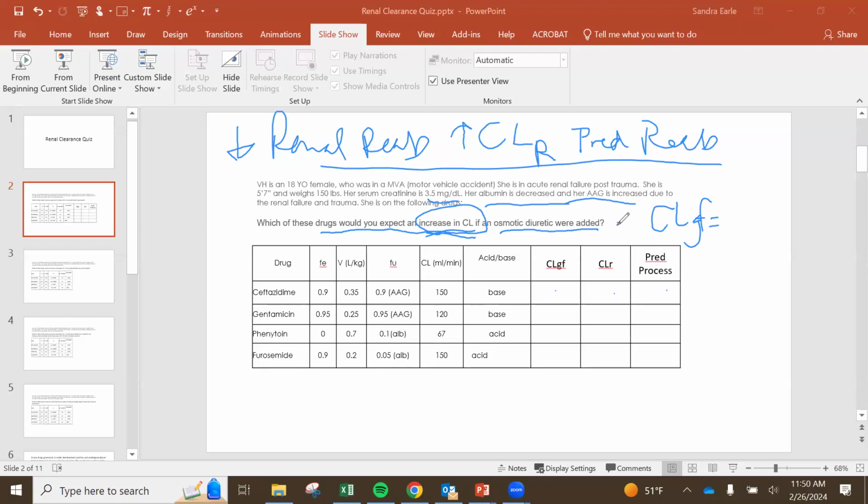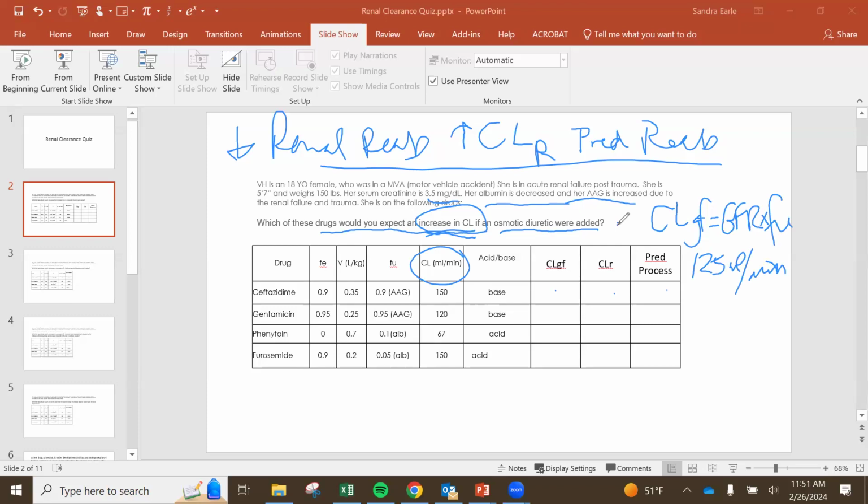So to determine the glomerular filtration clearance, we are going to figure out what the GFR, which normally is 125 mils per minute, or 7.5 liters per hour. We're all in mils per minute here, so we'll do 125 mils per minute times whatever the fraction unbound is, because remember, only free drug is cleared.